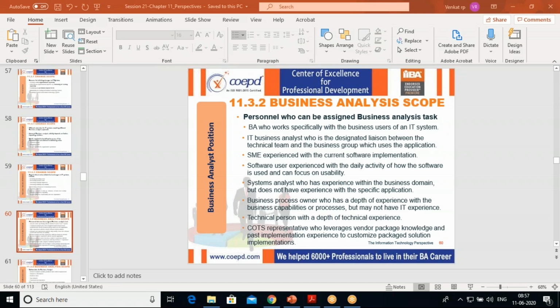And coming to the business analyst position, we will have two perspectives here. One is the business perspective, that is the functional perspective, where we take inputs from the SMEs, and the next one is the technical perspective, where we take inputs from the technical architects. Then we will see where we have to make this change, whether with the existing IT application or through a new process that is being proposed.